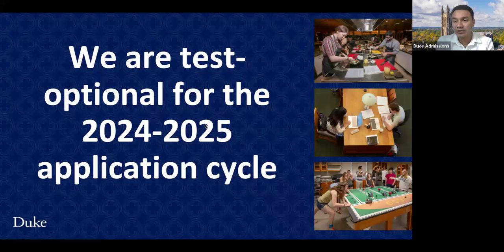So any seniors or any student applying this year, you do not have to submit your test scores. And we truly mean optional when we say that. If you decide not to submit your test scores, your chances of admission will not be affected. We'll work based on the file that we have, and we'll try to understand through the different documents that we have in front of us. And you will not be penalized for not submitting them.